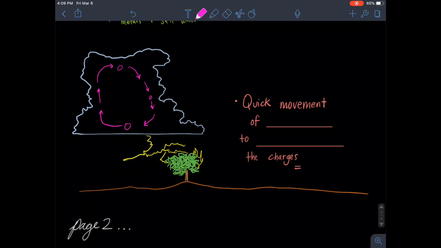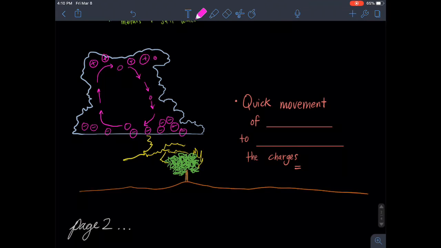Well, scientists actually don't know all the complexities of this, but what we find is that as they go up, they actually start to shed their electrons. So a lot of the negative charges end up here at the bottom of the cloud, and as too many negative charges build up, these negative charges then aren't balanced out because all the positive charges are near the top of the cloud.